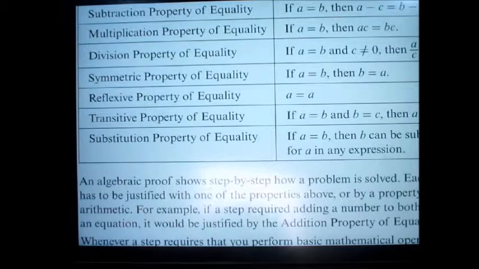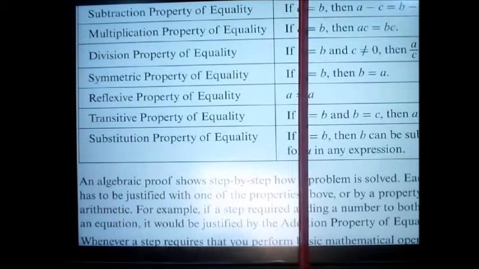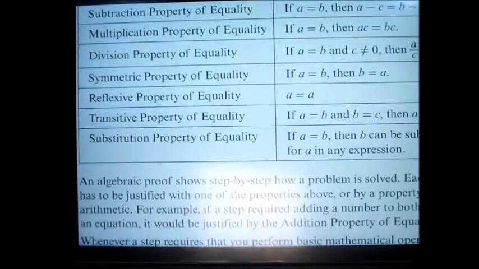Now the reflexive property is more responsive to mirrors. So it's literally if I threw something straight down the middle like that, it would exactly mirror itself. A is equal to A. Okay, so reflexive property is just saying something is equal to itself. So if you get something like 9 equals 9, or we'll see it a lot with side lengths.